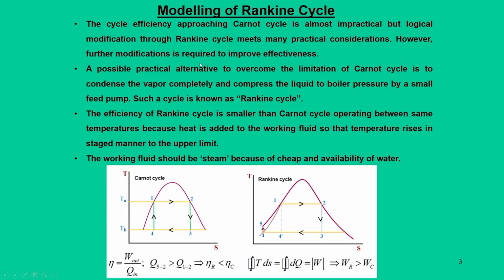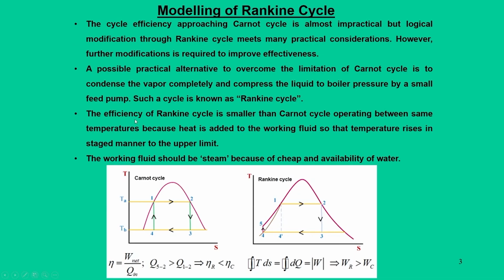To summarize some of the important inferences, the first thing I need to emphasize is that the cycle efficiency of the Carnot cycle is almost impractical, but we can make some logical modifications through the Rankine cycle, and in fact, it meets many practical needs and demands to improve the effectiveness.